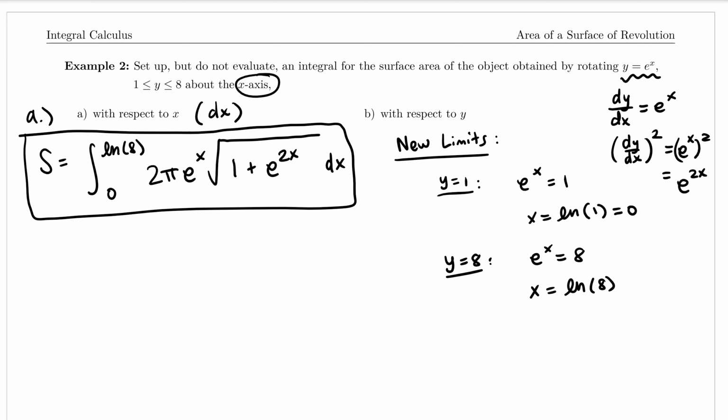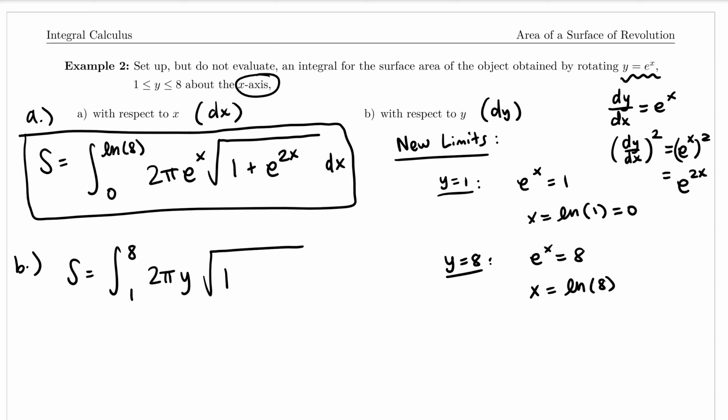Part B wants us to integrate with respect to y. So we have s is equal to the integral from 1 to 8 of 2 pi times y, which we could just leave as y in this scenario, times the square root of 1 plus. And here, if I took the reciprocal, I would get dx dy is equal to 1 over e to the x, and notice that e to the x is equal to y, so getting a little messy here.